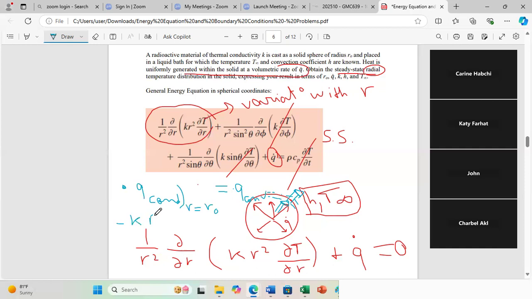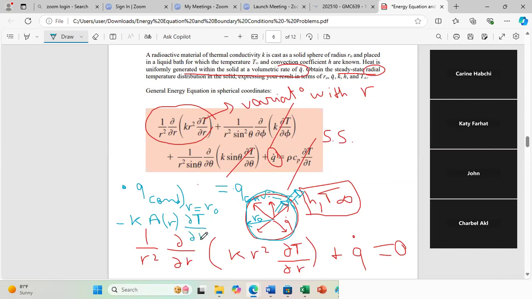And here's the area. I will take the lateral area of the sphere at the radius R0. So this is the radius R0. We know that the exchange will take place through the whole lateral area of the sphere. So it's minus K A times del T by del R.